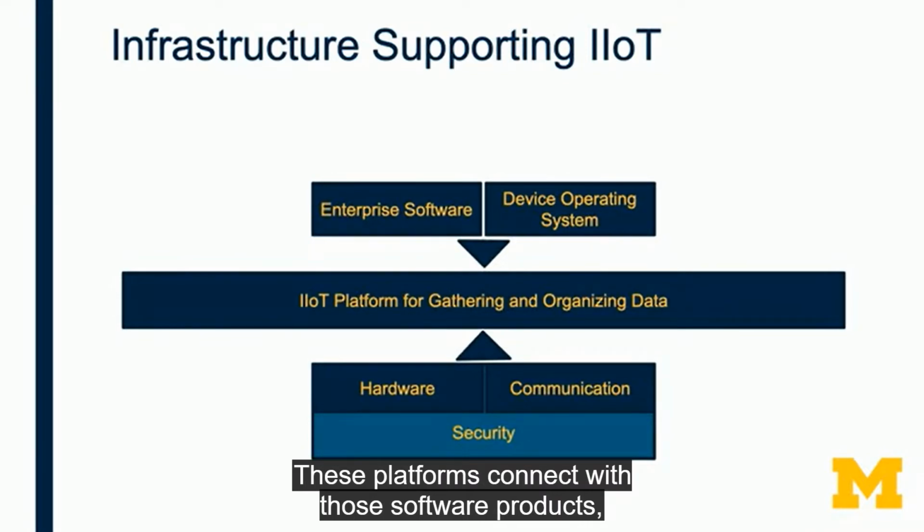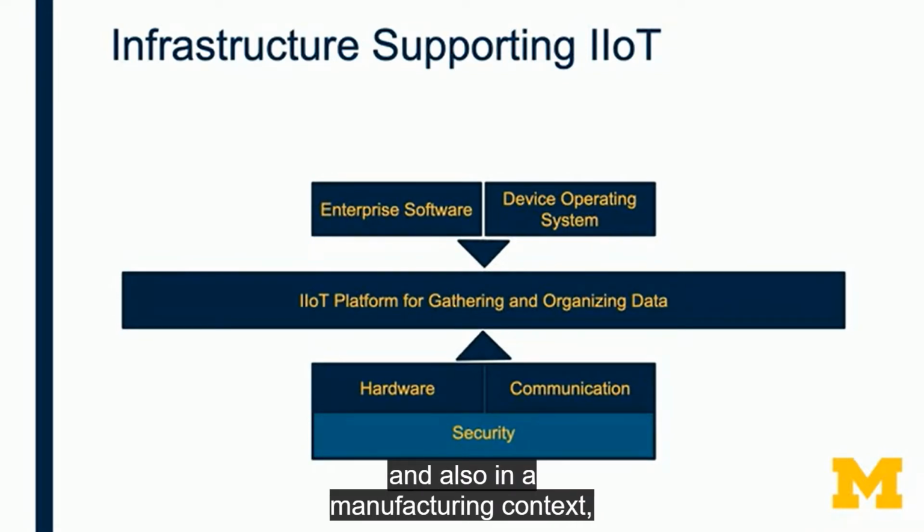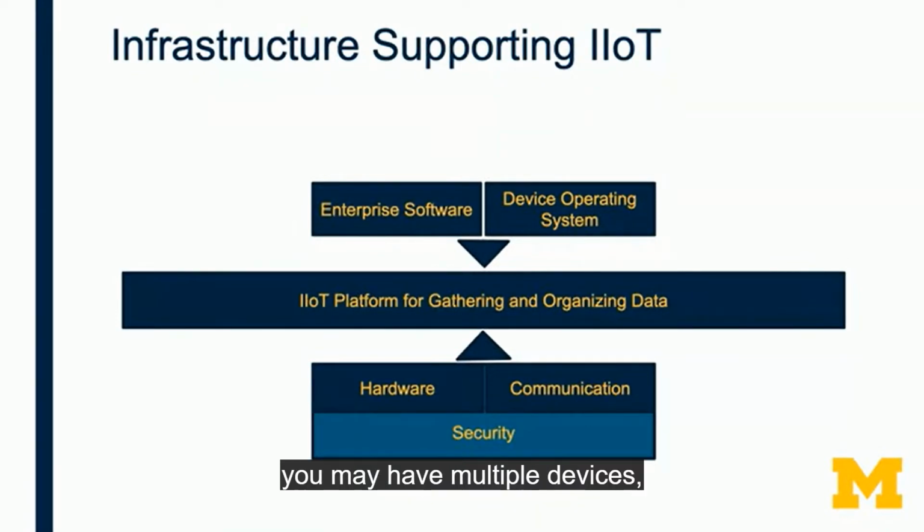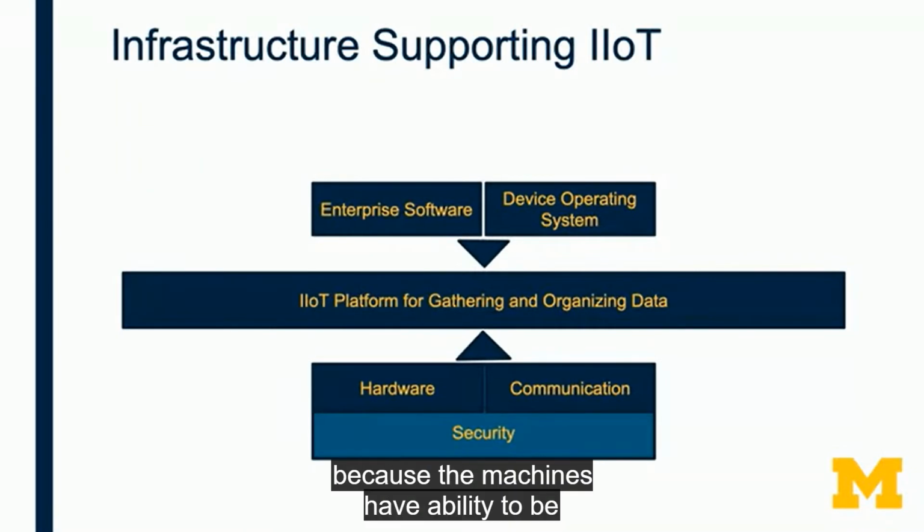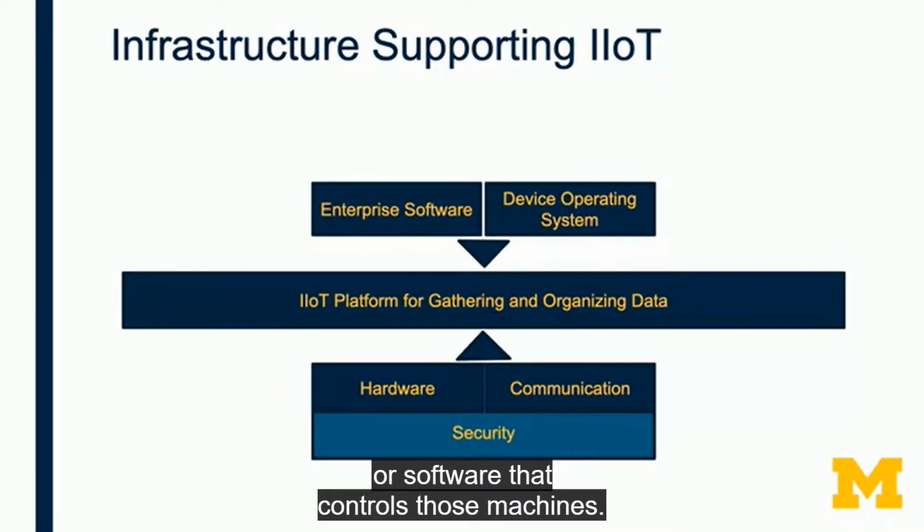And also in a manufacturing context, you may have multiple devices, you have machines, and a lot of these machines themselves are intelligent. We talked about programmable logic controllers in machines, because the machines have the ability to be programmed and they have logic in them. So those machines will have operating systems, or software that controls those machines. We call it a device operating system.